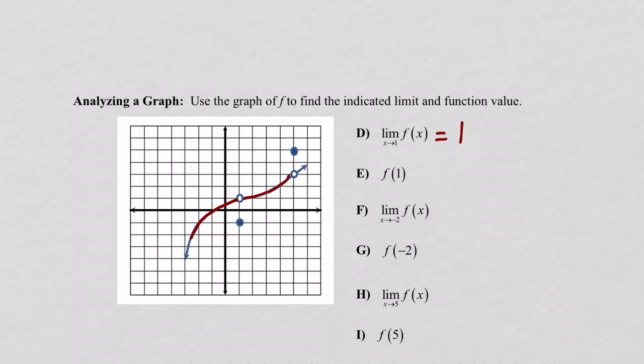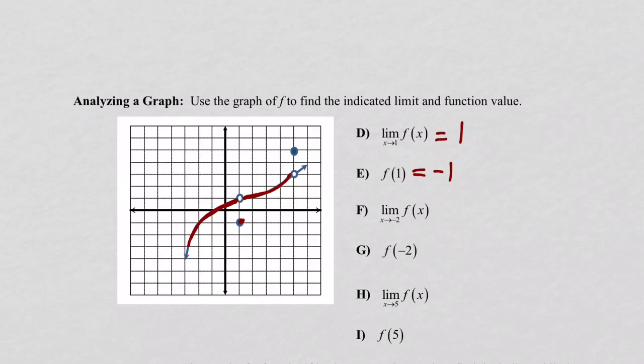Now you'll notice that that open circle means it's undefined at 1, except f of 1 gets us negative 1. But the limit has to be the same approaching along the graph from the left and right. So in this case, our limit approaches the y value of 1 at x equals 1 from the left-hand side and also from the right-hand side. It is okay to have an open point for a limit. There's nothing wrong with that.